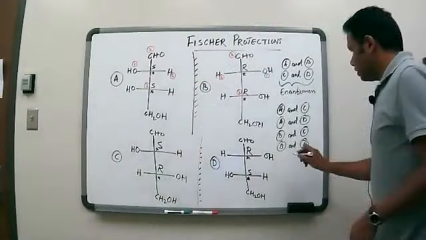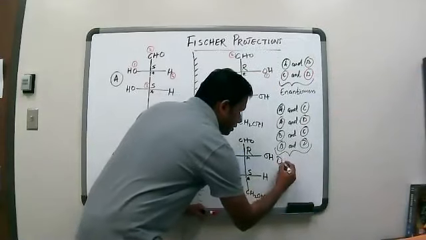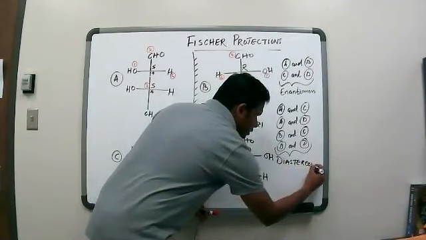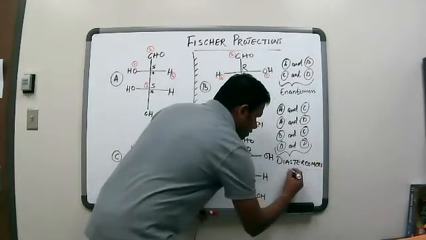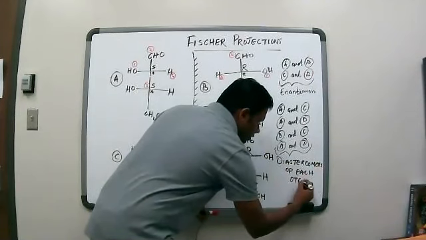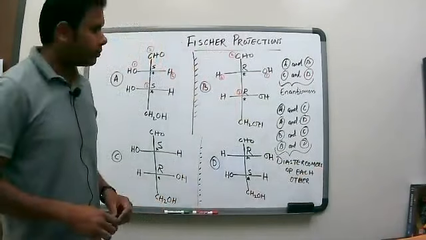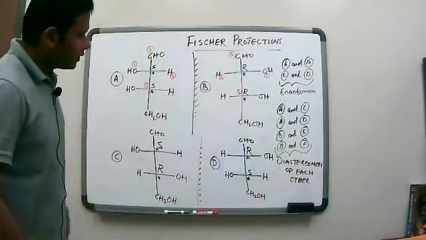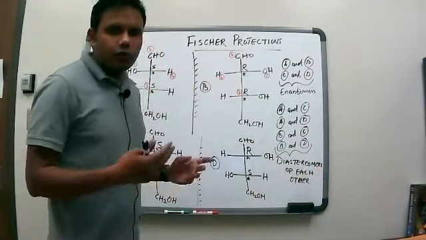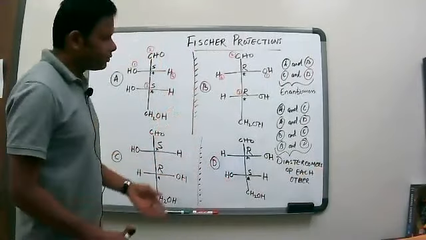So basically, all of these are diastereomers of each other. Okay, so we can identify these relationships much more easily compared to the wedge and the dash drawings. So that's the biggest advantage to Fischer projections.